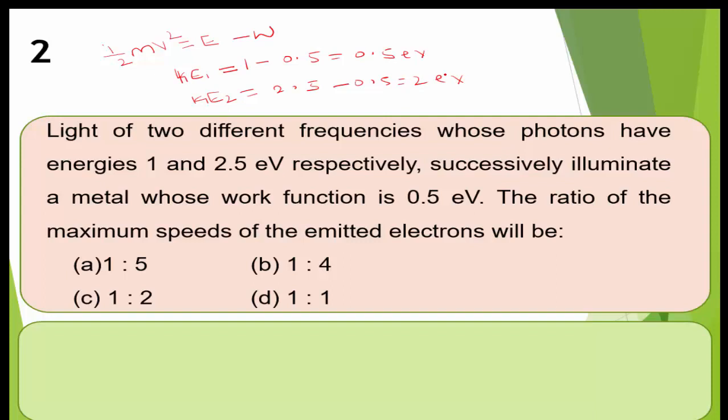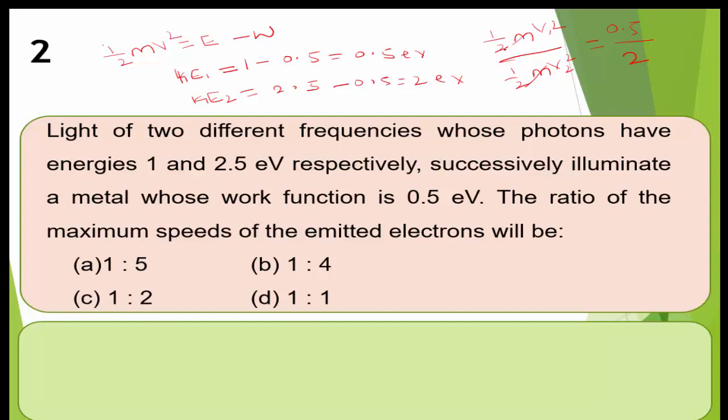Now I have to find the ratio of the maximum speed of the electrons. Dividing these two equations, half m v1 square divided by half m v2 square is equal to 0.5 divided by 2.